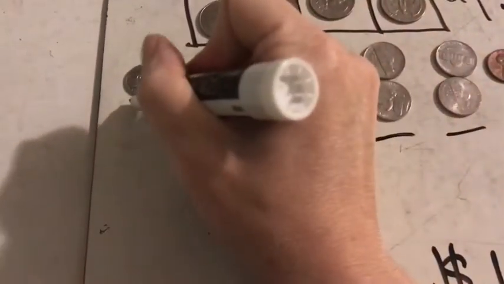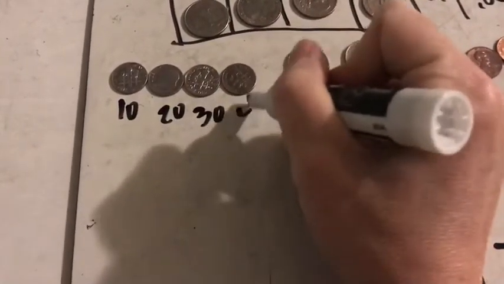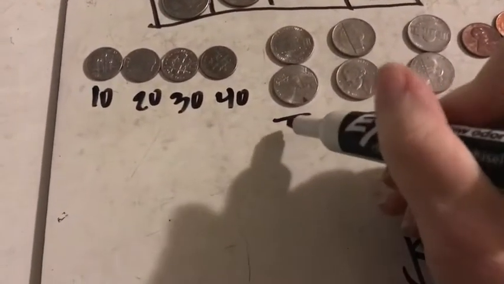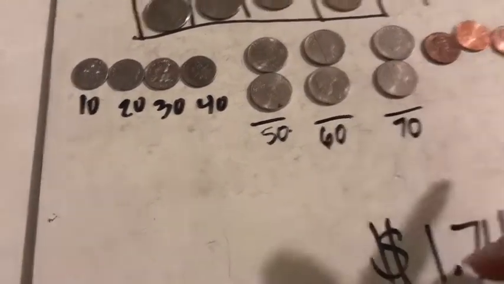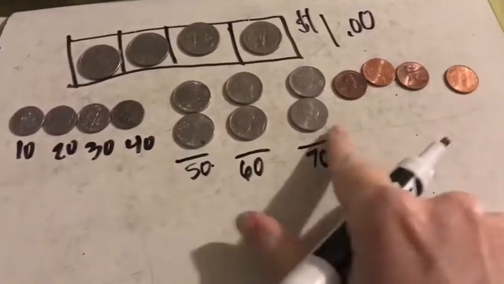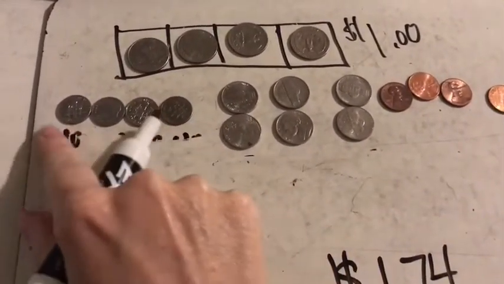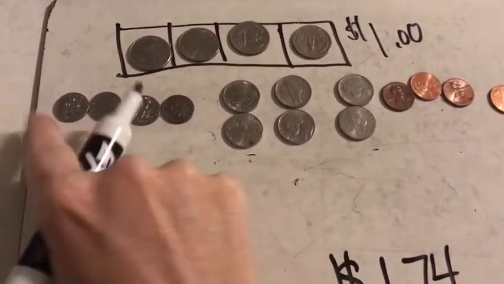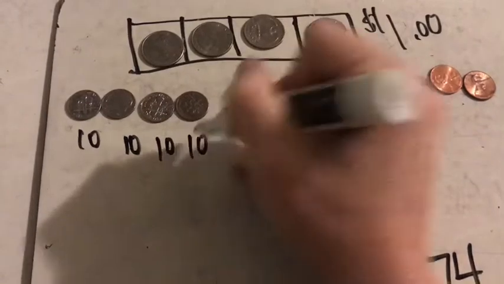You might even have students that want to keep track on the bottom. It's okay if you keep track like this, 40, 50, 60, 70, and then 71, 72, 73, 74. Or some students like to just have the values under there to remind themselves. That's 10, that's 10, that's 10, that's 10.